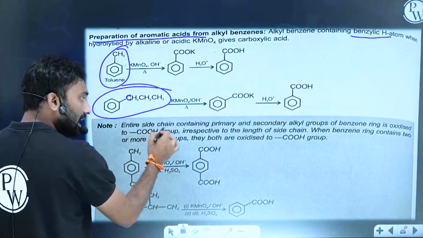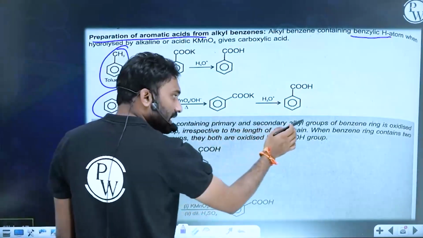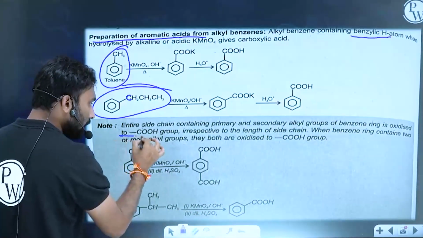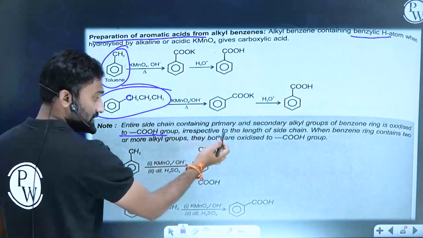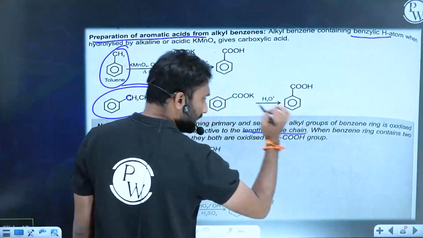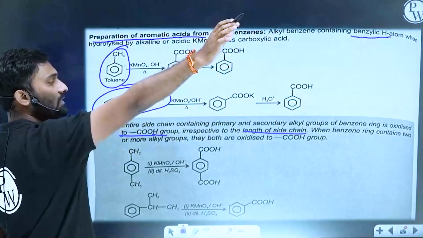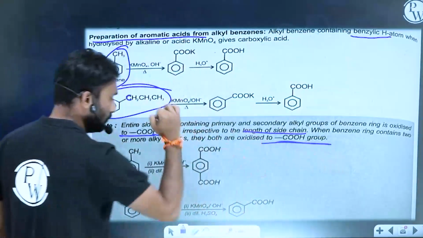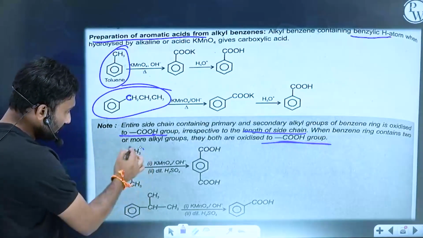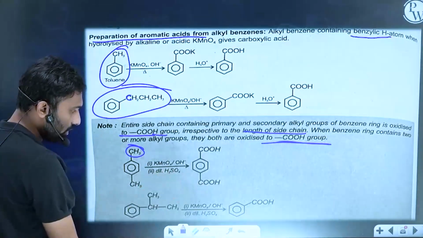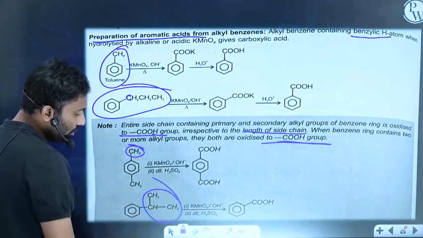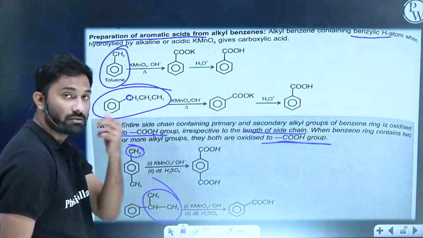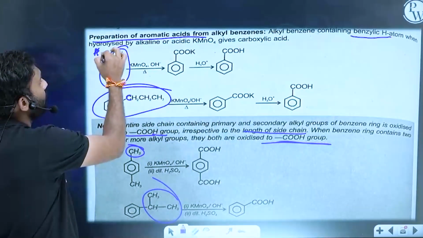The entire side chain containing primary or secondary alkyl groups on the benzene ring is oxidized to the carboxylic acid group, irrespective of the length of the side chain. Here the CH3 and here the CH3 are converted into carboxylic acid. Even a long side chain will also be converted into carboxylic acid only. This is very important.